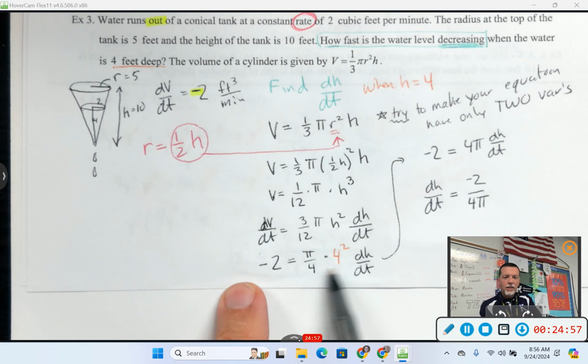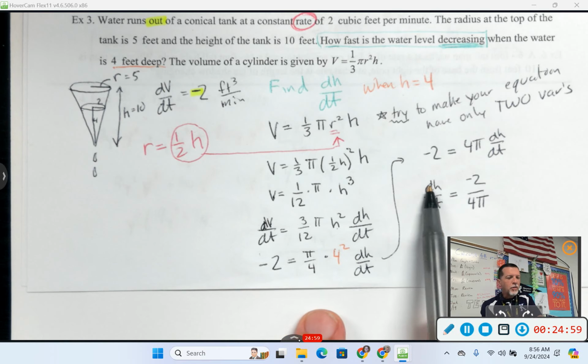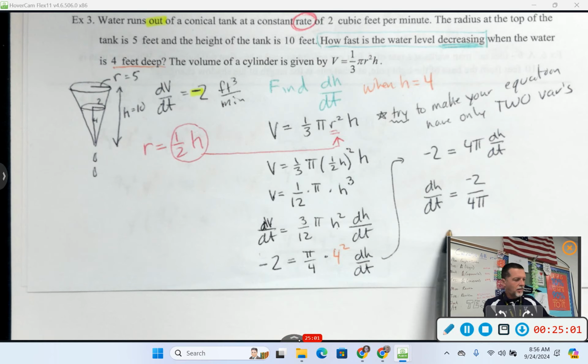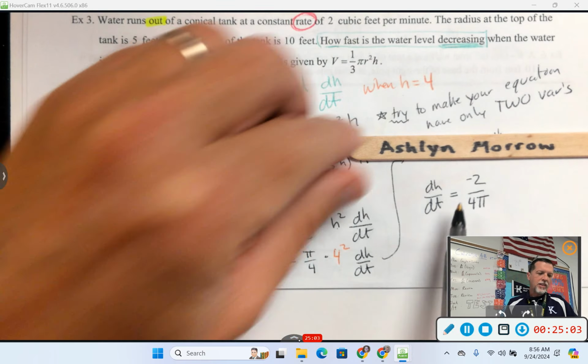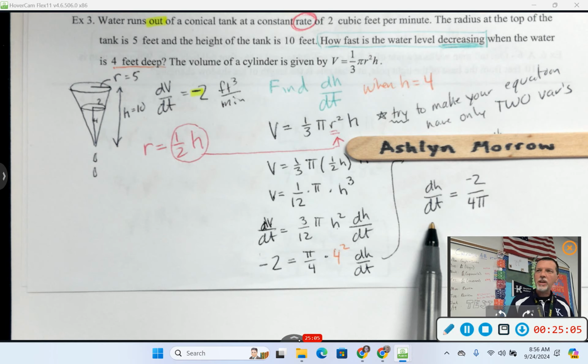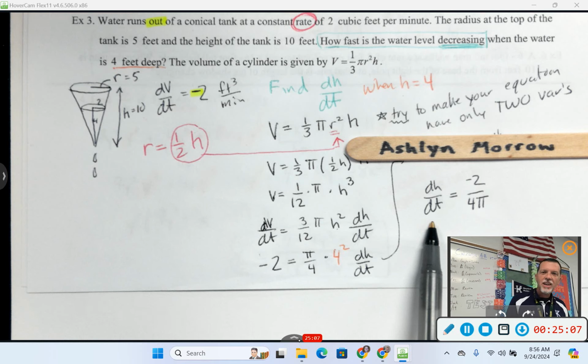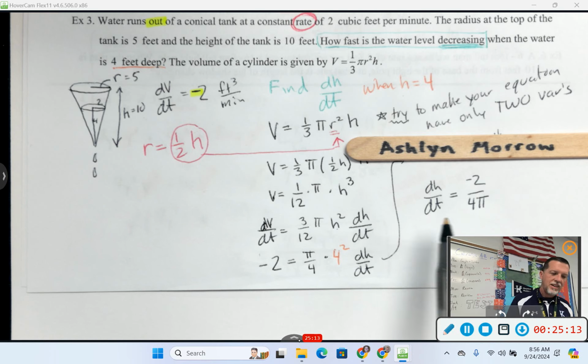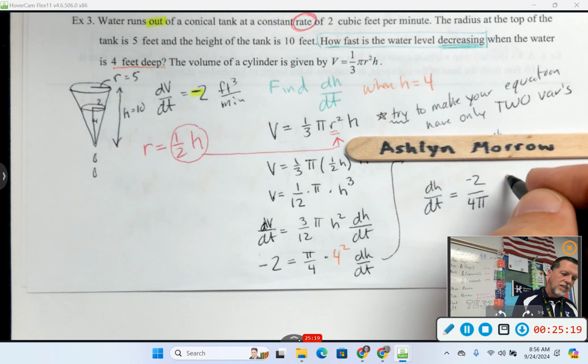And this would be a lot of units to keep up with, but if we use dH/dt to get the units, Ashlyn, what do we think the units of dH/dt would be? What's H measured in? Just feet.